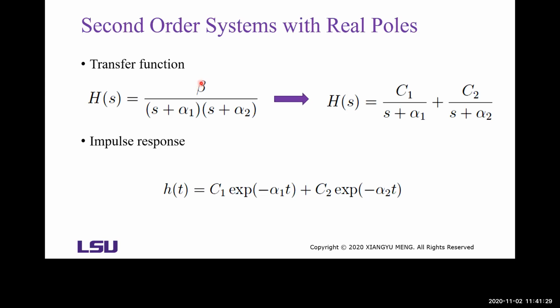So let's assume the transfer function. The denominator is (s + alpha 1)(s + alpha 2). Let's assume there are no zeros, so the numerator is just a constant.